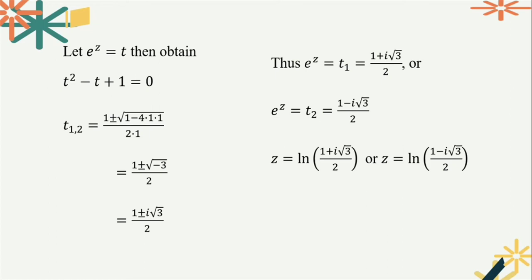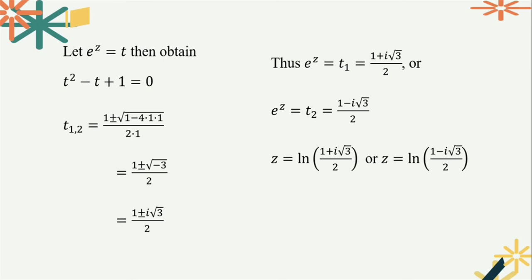Or when the exponential z is equal to t2, this equals 1 minus i square root of 3 over 2. Then we can find the z value.